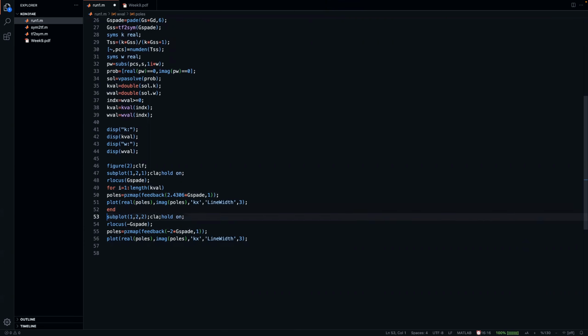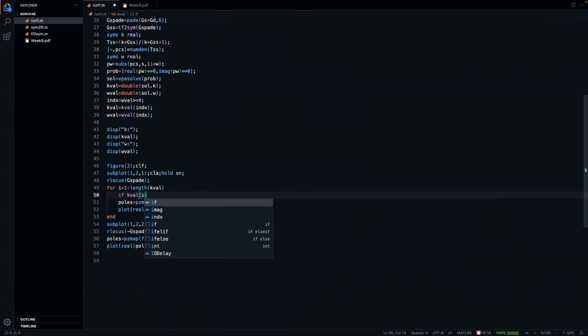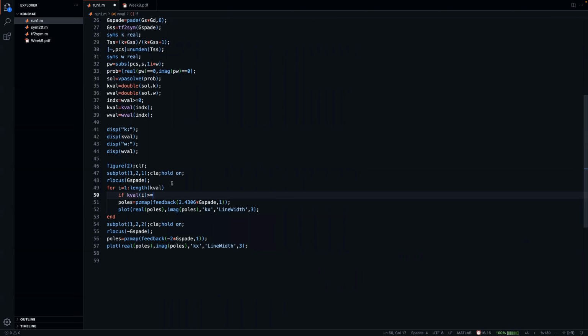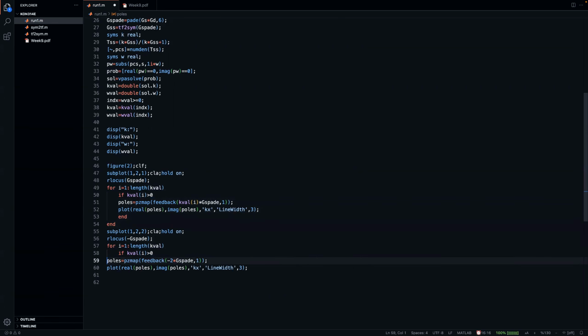And what I can do is I can check if k val index i is positive. If it's positive, I'm going to use k val i. Now I'm going to repeat this for here.